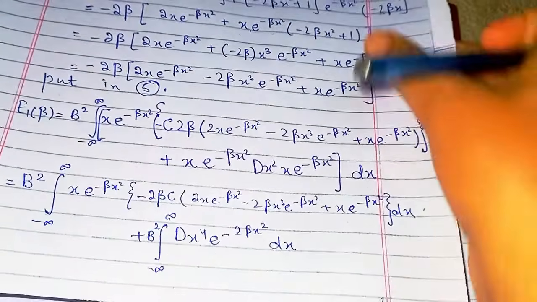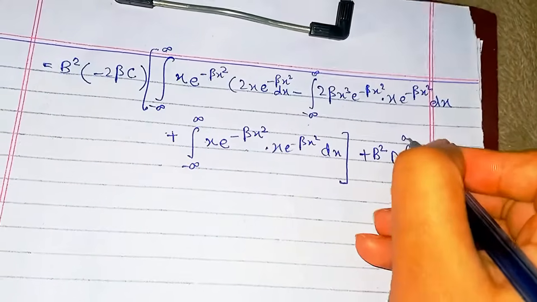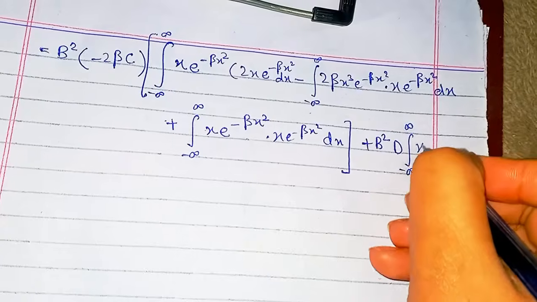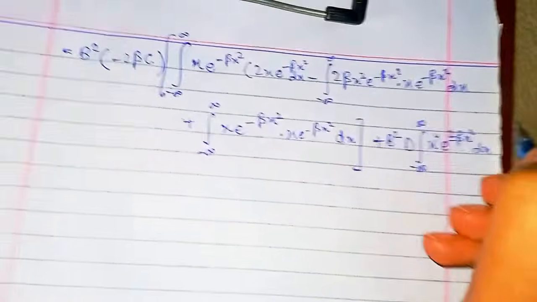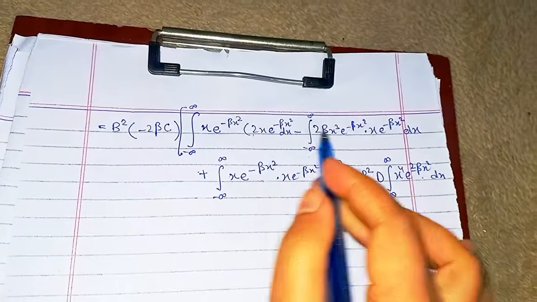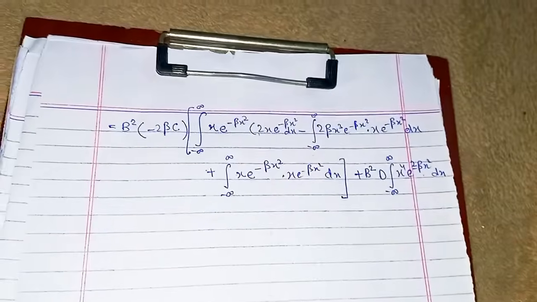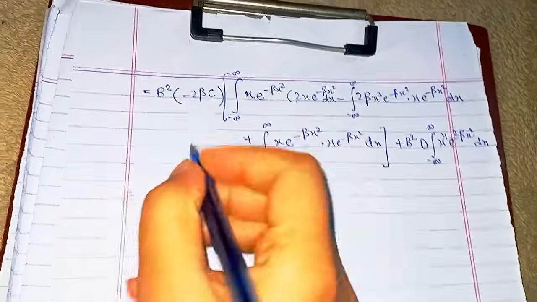then we have d, I'm taking d outside, when this is integration minus to plus infinity x4 e to the power minus beta x squared dx, it's 2 beta x squared dx. Now we'll take the constants outside of the integral, and after that we will simplify it. It's almost done.